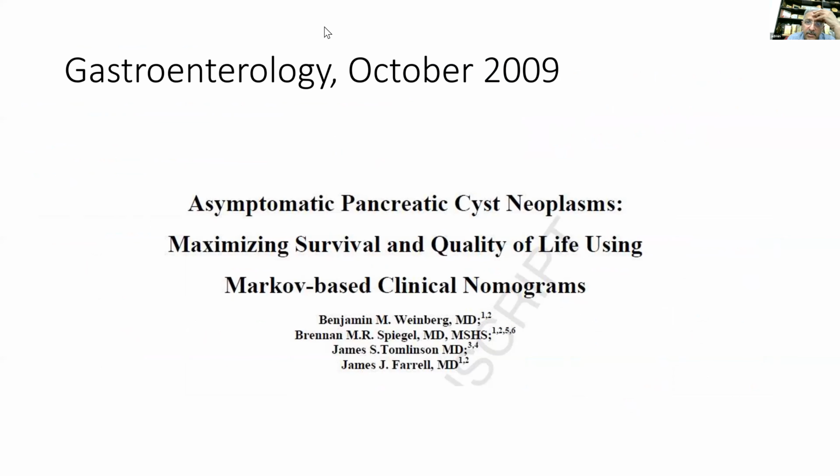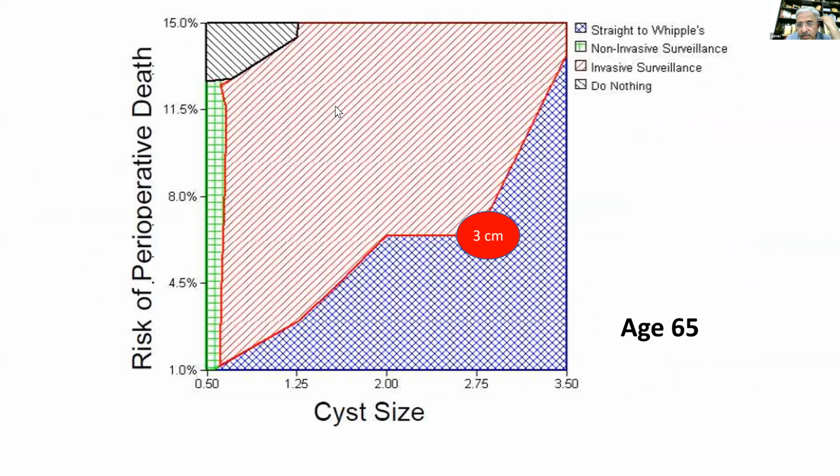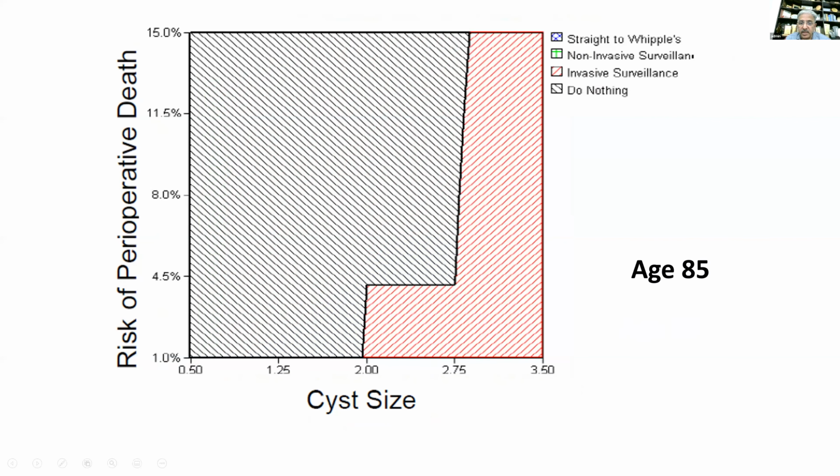Do nothing is the big group. So other factors must also be taken into consideration. But by following up these patients, they haven't really lost cases because of, say, inoperable malignancy. And that is the lesson. So you must balance the risk of missing the high-risk lesions and the risk of surgery in low-risk lesions.